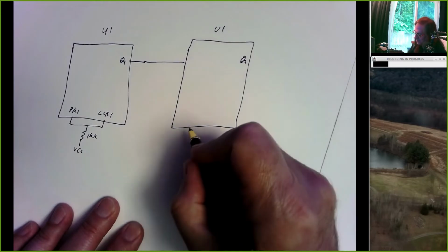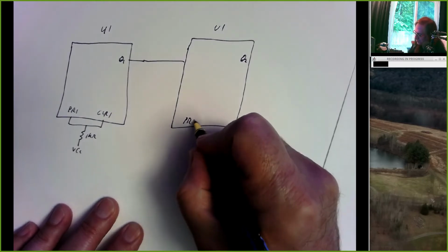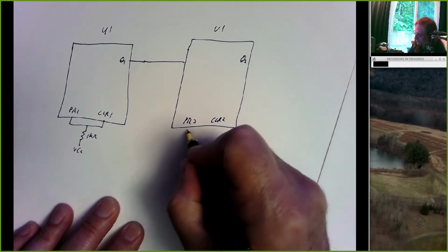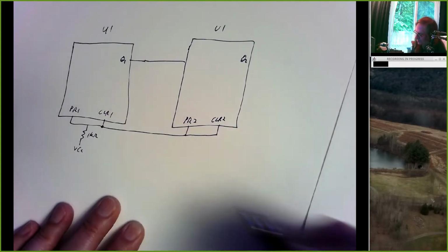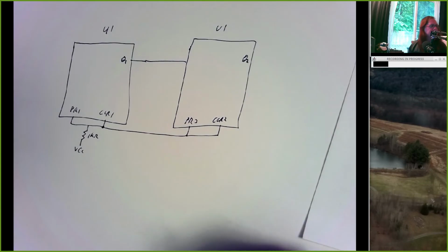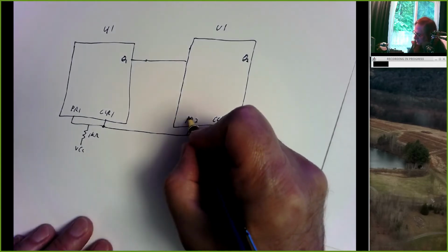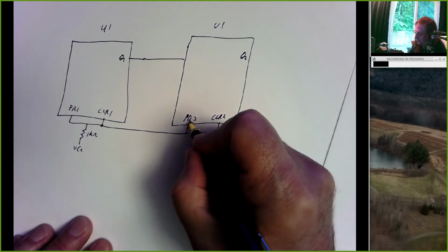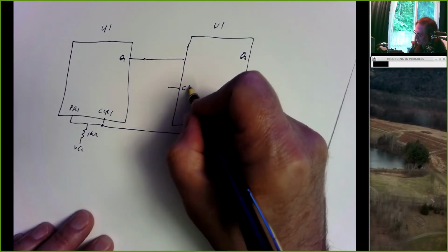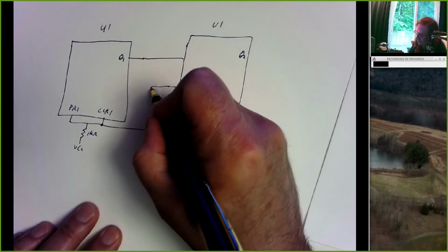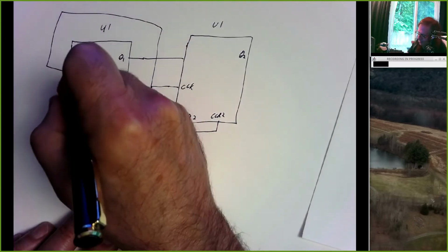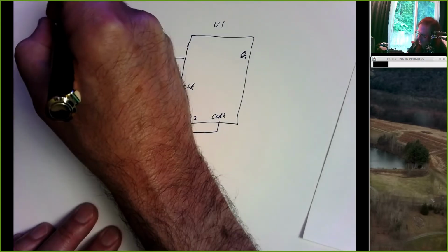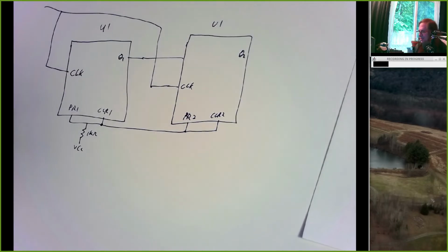I'm going to have Q2, preset 2, and clear 2, and maybe I can just run those over like that. Say these also go to 5 volts, so those are logic 1. And my clock is common to both flip-flops, so I might do something like that.